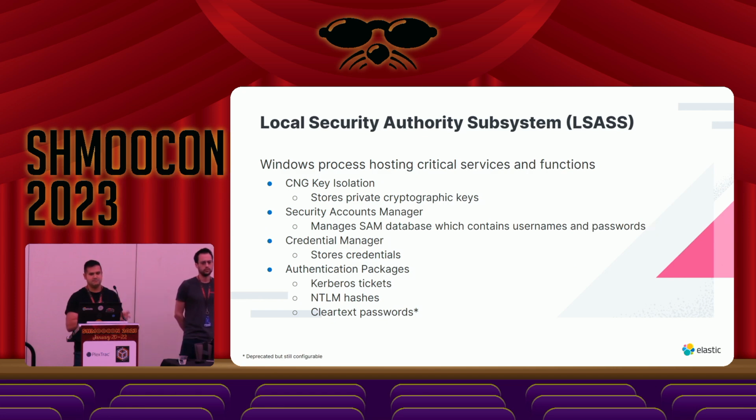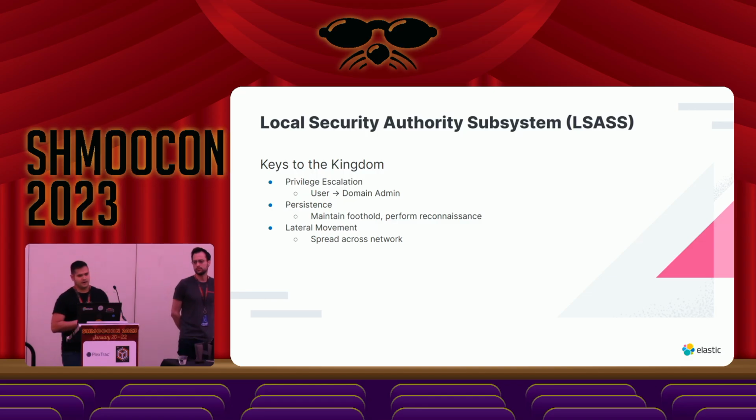The tidbits that attackers are really after, though, is they're trying to dump Kerberos tickets, NTLM hashes, and clear text passwords, among other sensitive data contained within LSASS memory. With that sensitive data, adversaries will use the credentials collected from LSASS primarily for privilege escalation, persistence, and lateral movement.